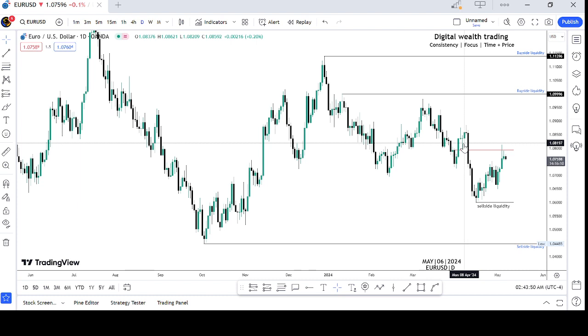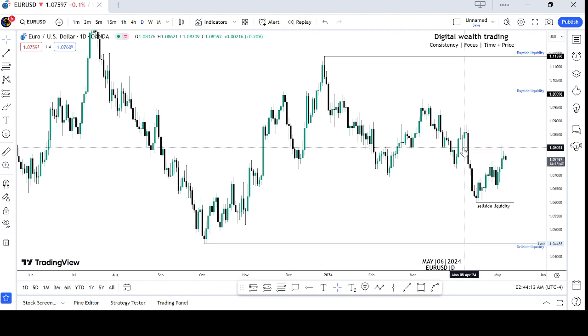Again, we retest a PDRA, which is a price delivery mechanism. I don't know the way this thing is programmed, but it's programmed to recognize certain areas, and we also have to come back to collect the bigger orders.